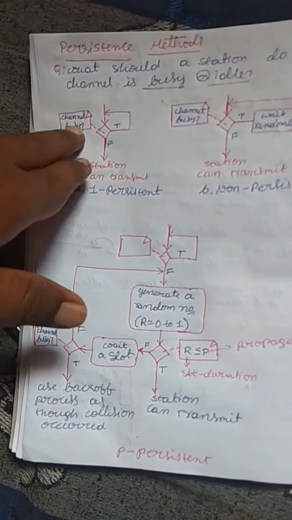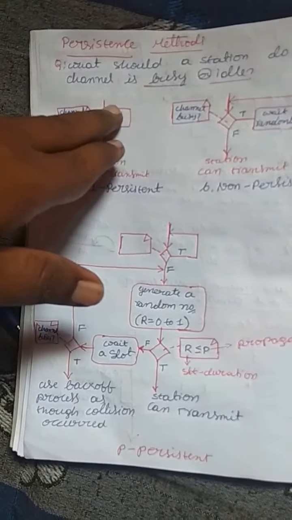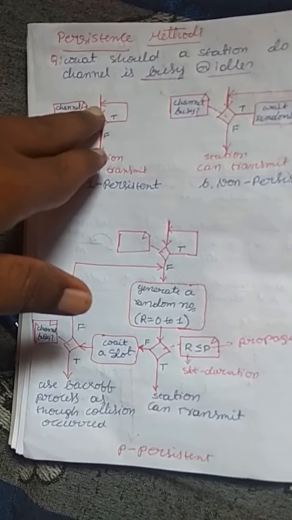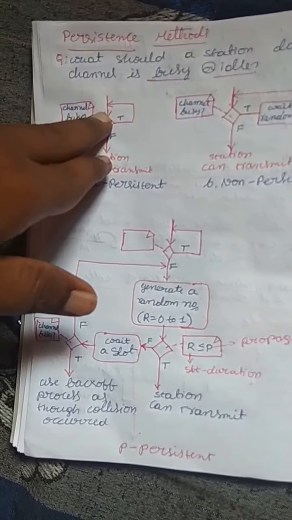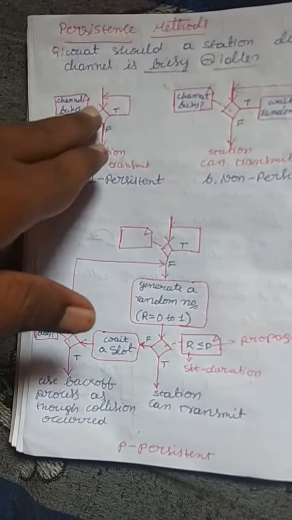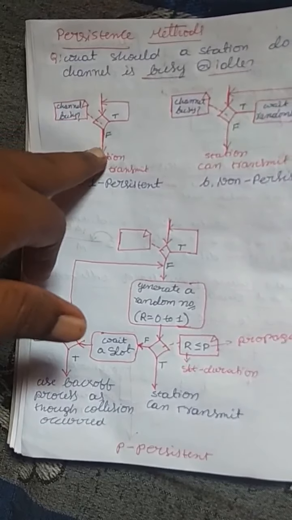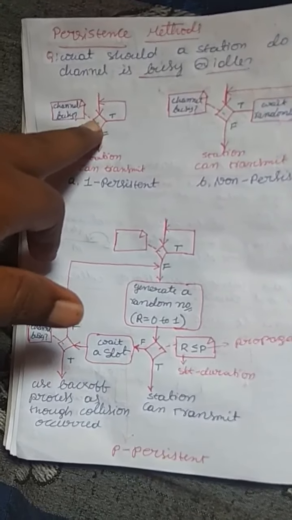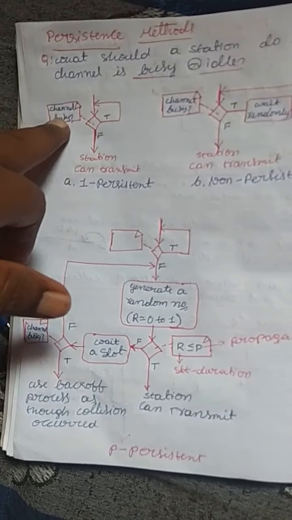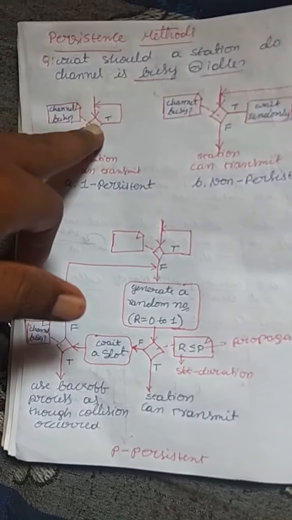If the channel is busy, it will go back and sense again. If it is not busy, it will transmit the frame. If it is busy, it will sense again and again.